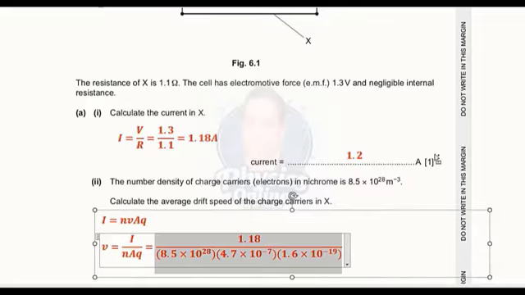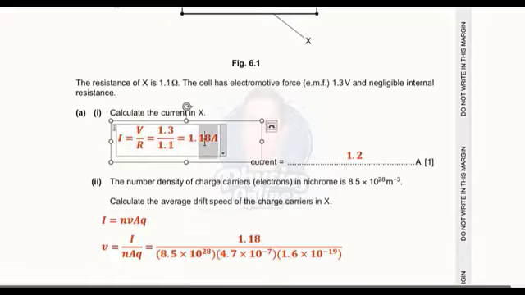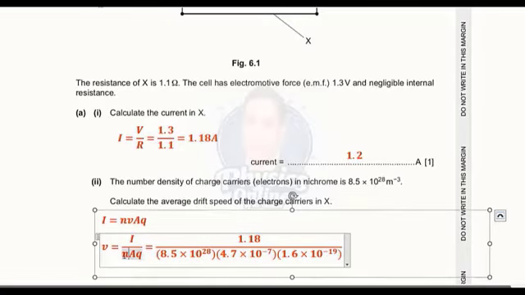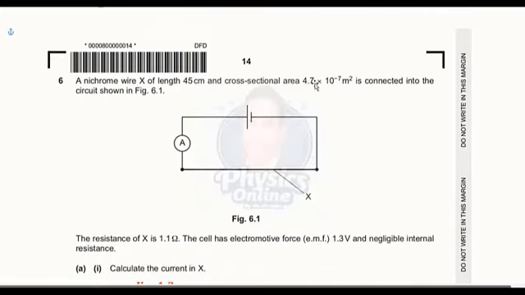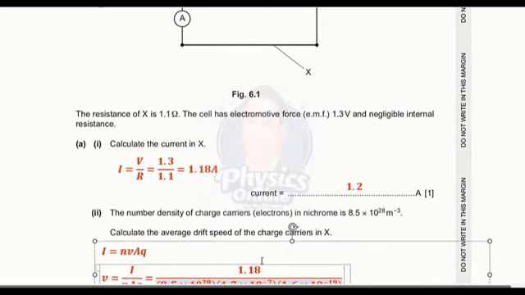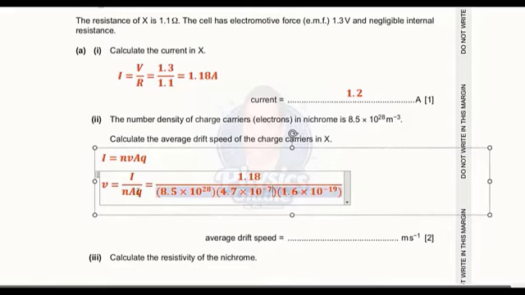For the current, 1.18 as we calculated. n is the number density, 8.5 times 10 power 28. For A, the cross-section area, we have 4.7 times 10 power negative 7, and e is the elementary charge, the charge of an electron, 1.6 times 10 power negative 19.